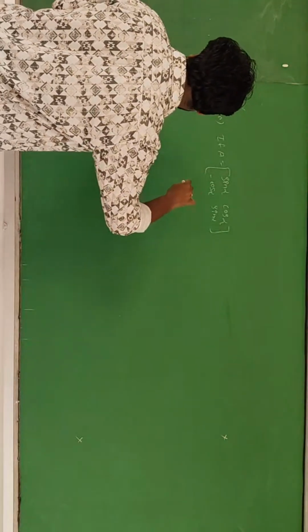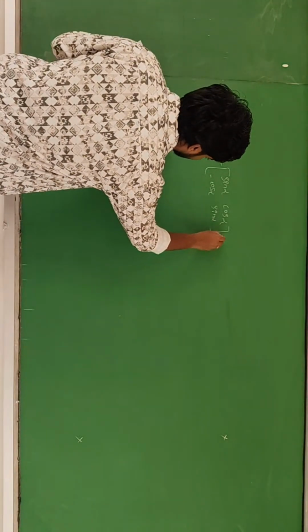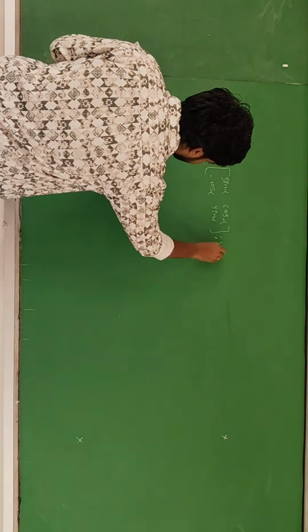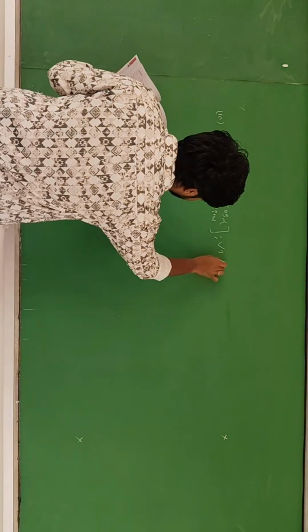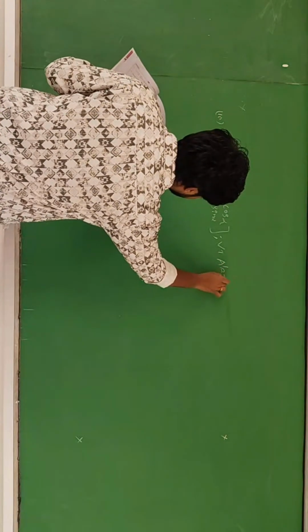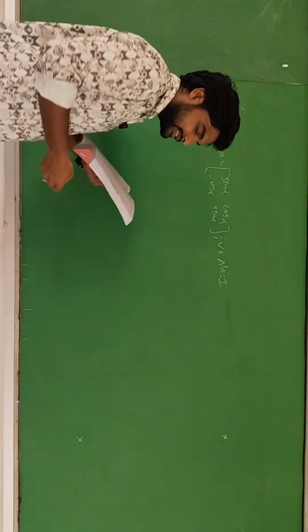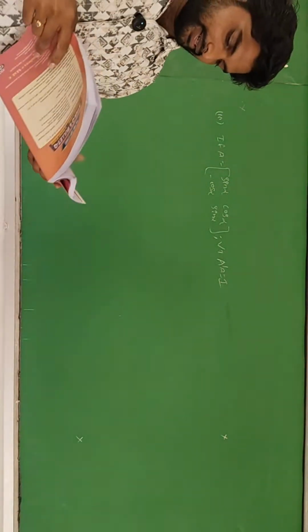This is the A matrix. Also verify that A dash of A is equal to I. Clearly I is the identity matrix.